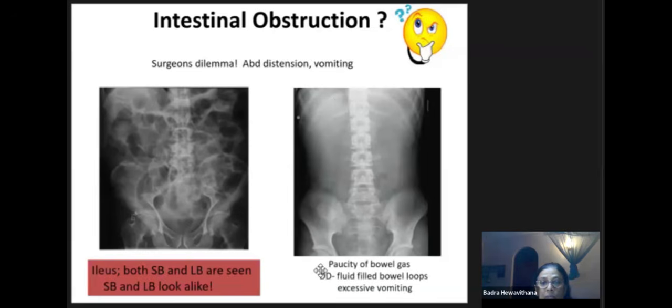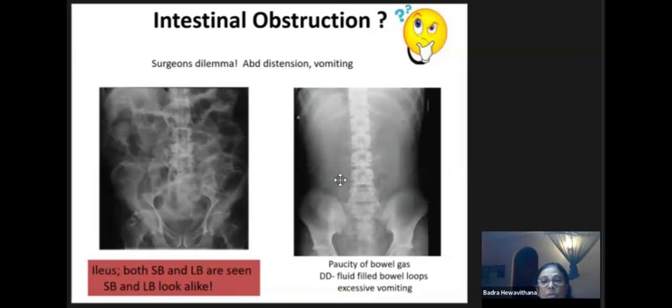Paucity of bowel gas. So we give the differential of fluid-filled bowel. The small bowel loops are obstructed, but they are still having fluid. When the whole of the small bowel is having fluid, and not much gas, and in those who have had excessive vomiting, it is supposed to be a gasless abdomen. So we call it gasless abdomen.